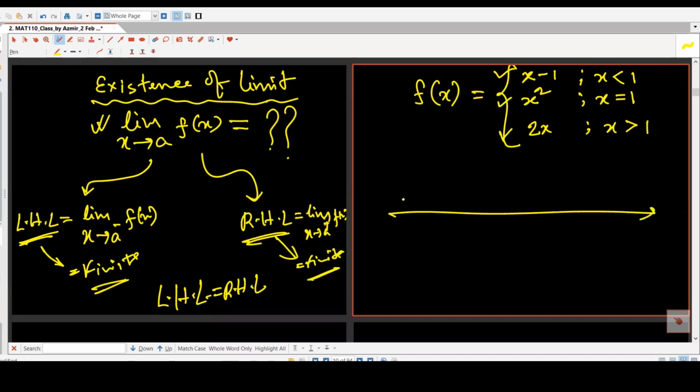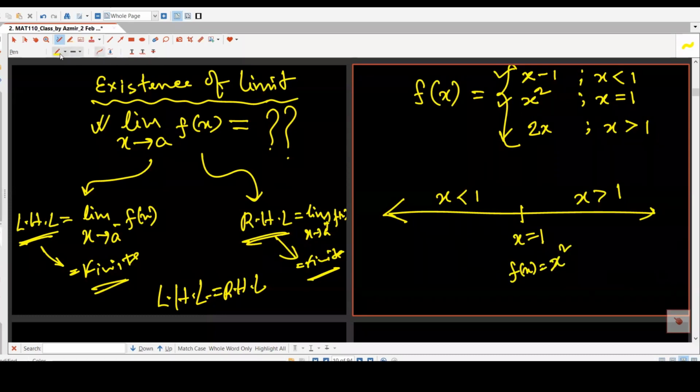That means the entire number line can be thought of in this way. That is, this is x equals 1. This part is x greater than 1. And this part is x less than 1. For x equals 1, we have a function f of x equals x squared. For x greater than 1, we have the function 2x. For x less than 1, we have the function x minus 1.